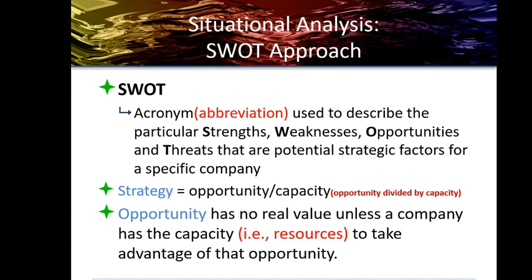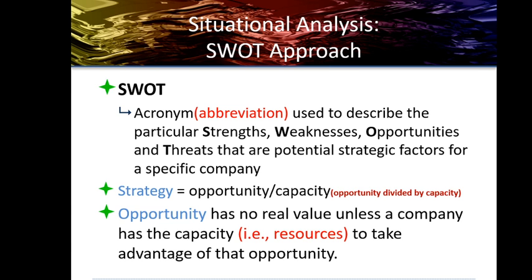First of all, if we talk about strategy, what is a strategy? In general, of course, we know that a strategy is a set of actions that are taken in order to increase organizational performance, or what we sometimes call corporate performance.